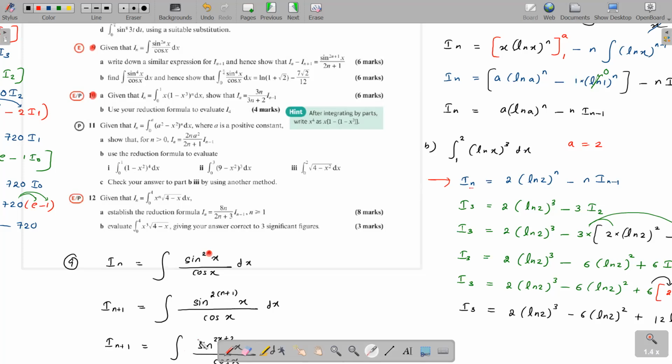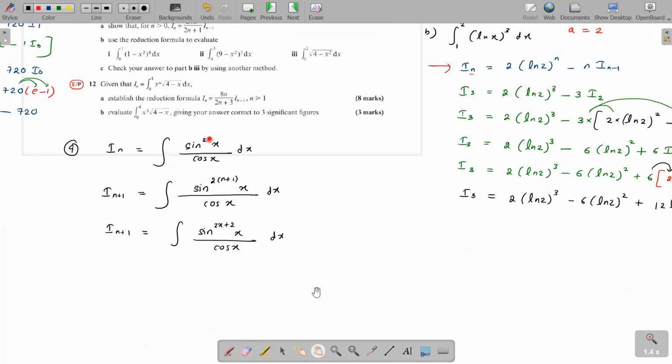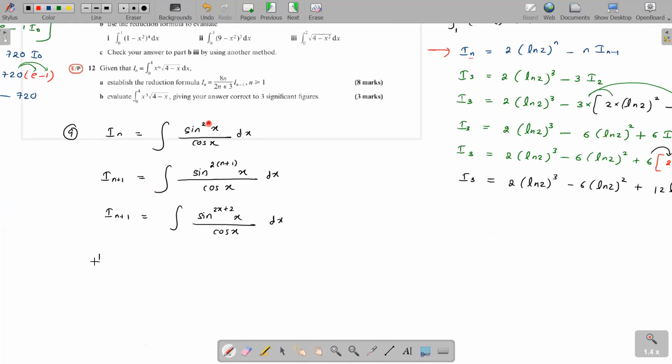So then take those two and subtract. I_n minus I_(n+1). I_n is the integral of sine to the power 2n x over cos x, subtracting I_(n+1), which is sine to the power 2n plus 2 x over cos x.